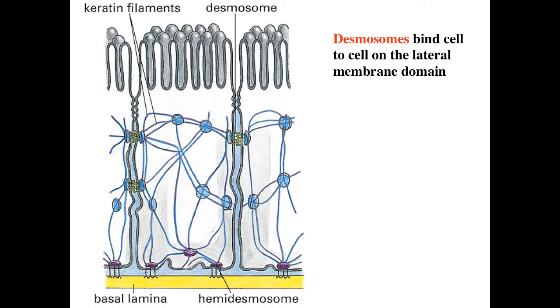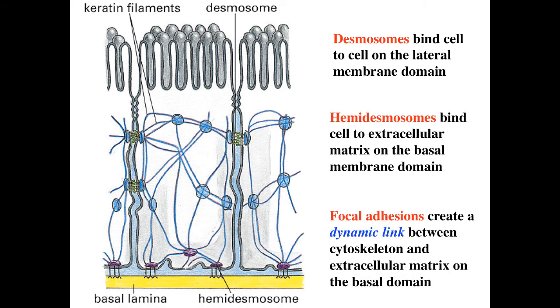Hemi-desmosomes could almost take the name hemi for half. So a hemi-desmosome is like a half desmosome. Hemi-desmosomes bind cell to extracellular matrix on the basal domain of epithelial cells. As we said, desmosomes bind cell to cell on the lateral domains of membranes between adjacent epithelial cells.